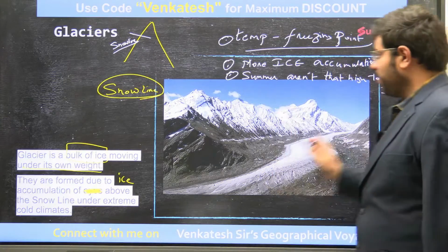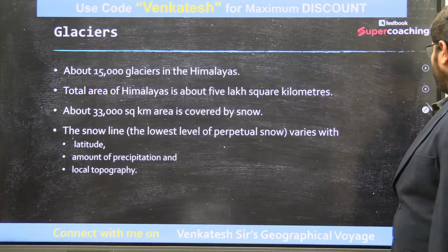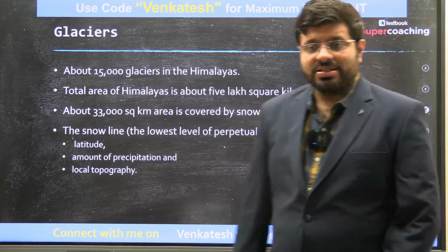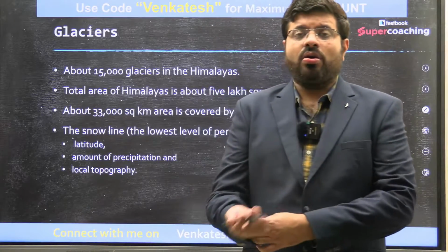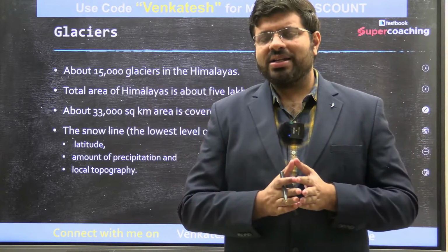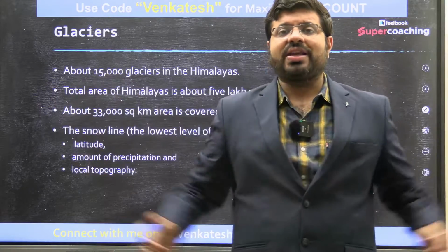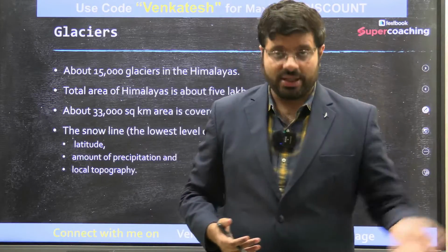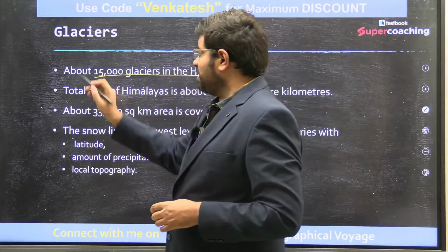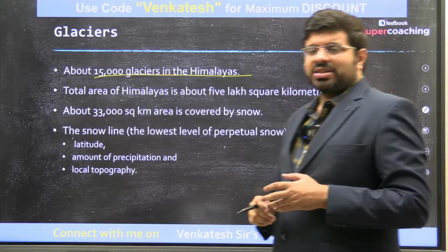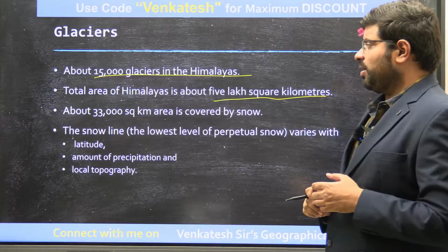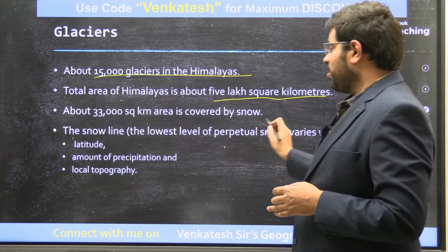One more point. In India, the majority of glaciers are altitude glaciers, mountain glaciers, not continental glaciers, which spread across vast stretches of land like in the Arctic and Antarctic. There are 15,000 glaciers in the Himalayas, which cover an area of 5 lakh square kilometers, and about 30,000 square kilometers is covered by snow.